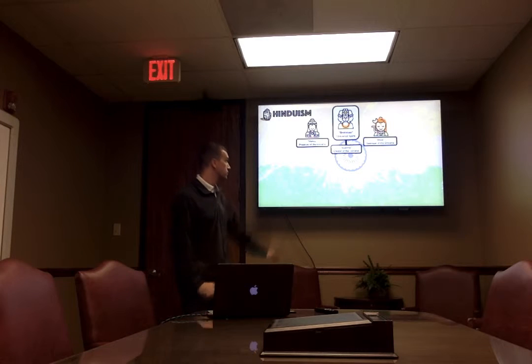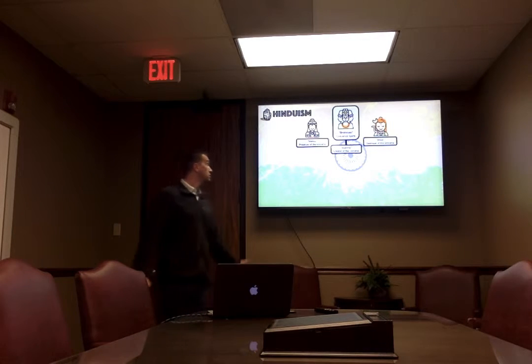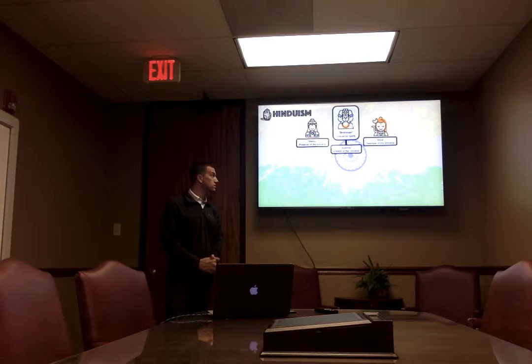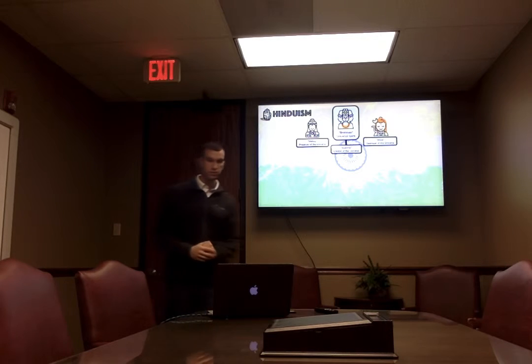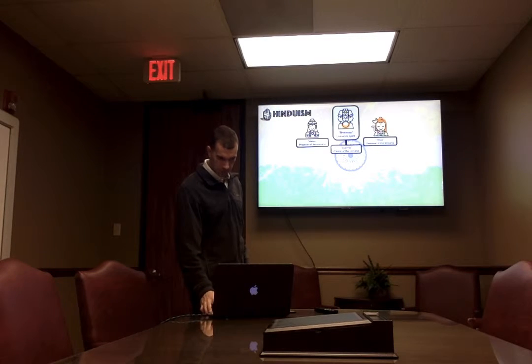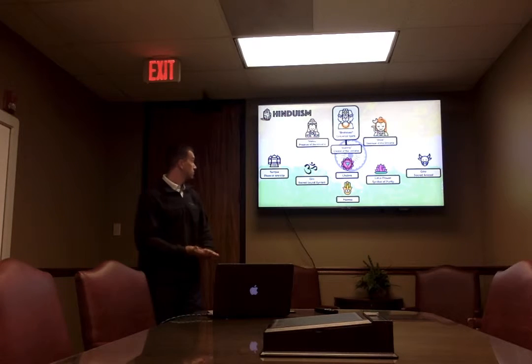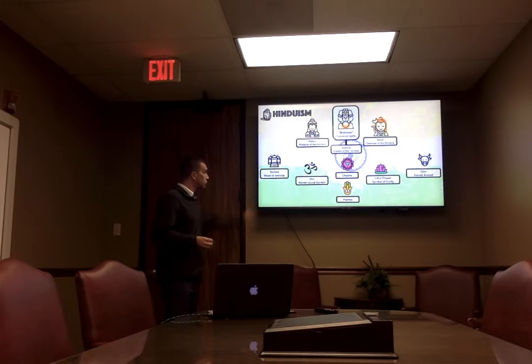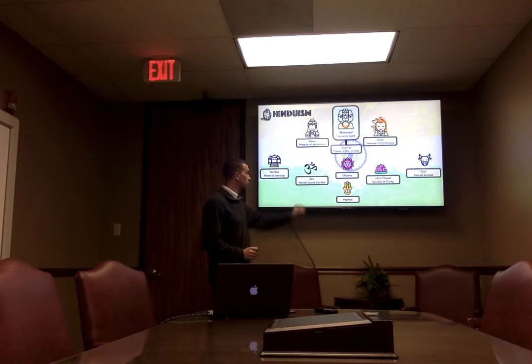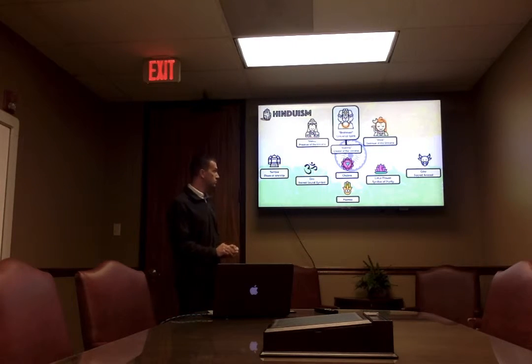Brahma is the creator of the universe, Vishnu is the preserver of the universe, and Shiva is the destroyer of the universe. And then in the Hindu religion, the temple is their place of worship. I'm sure you've seen this symbol before. It's the Om symbol, the sacred sound symbol.